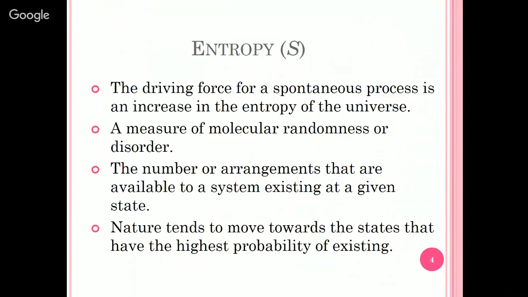There'd be only one state where they are all heads down. And so then there's all these microstates in between. And you'll see that the most likely combination, if you have those 10 pennies, would be half of them up, half of them down. So nature tends to move towards the states that have the highest probability of existing.